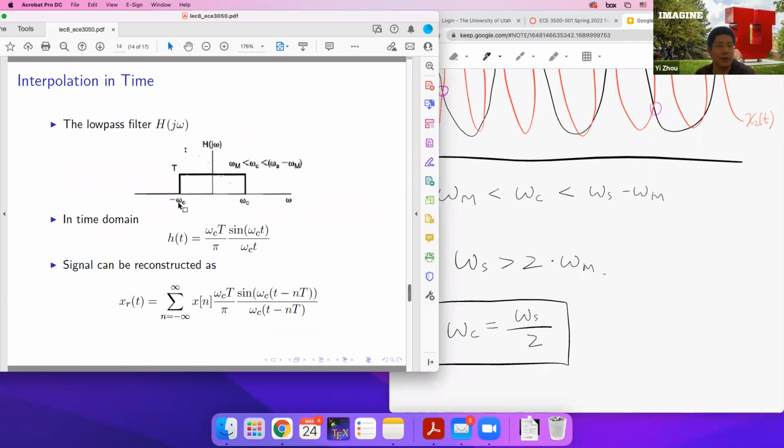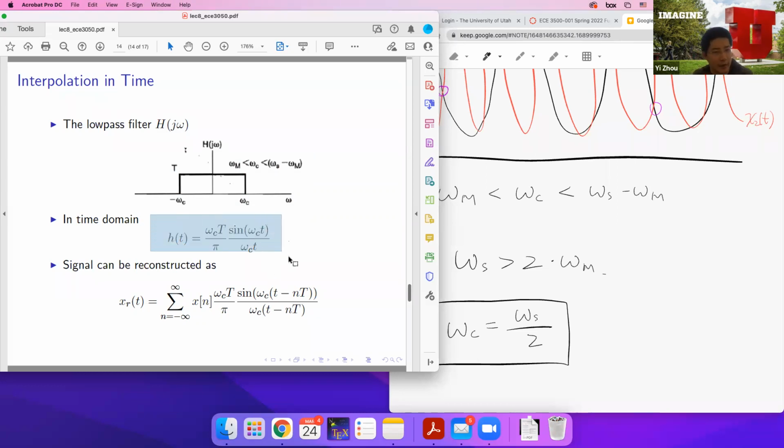Okay, and this is to show exactly the analytical expression for h(t). So this is the low-pass filter in the spectrum domain. It's a rectangle because it's a rectangle spectrum in the frequency domain. And from the Fourier transform, we know that this spectrum corresponds to such a sinc type signal, omega_c t over pi, sine omega_c t over omega_c t.